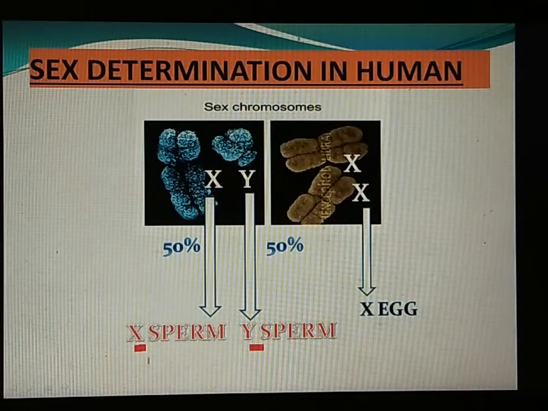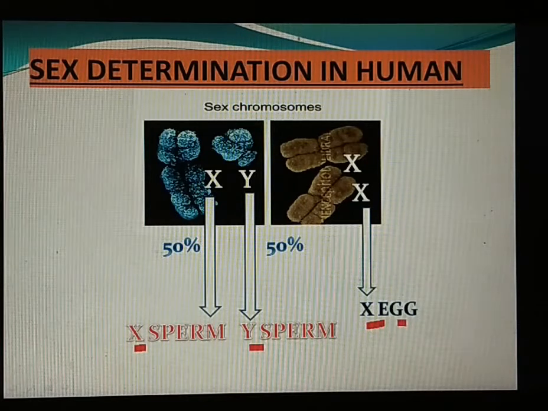So the males will produce X sperms and Y sperms along with the autosomes, whereas the females have similar kinds of sex chromosome, that is XX, and will produce the same type of gamete with the X chromosome along with the autosomes. So these are the eggs.